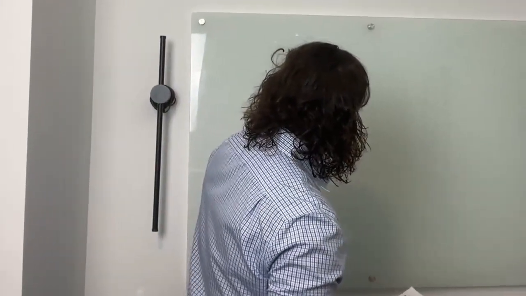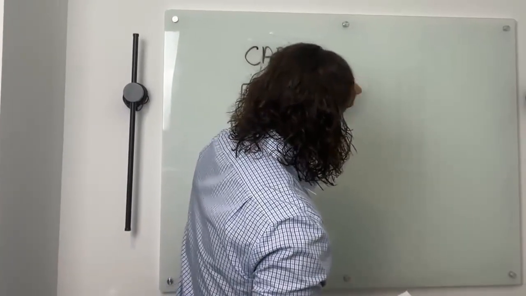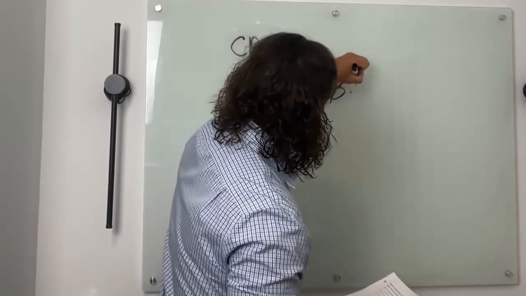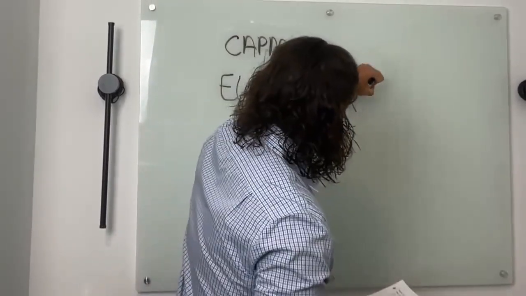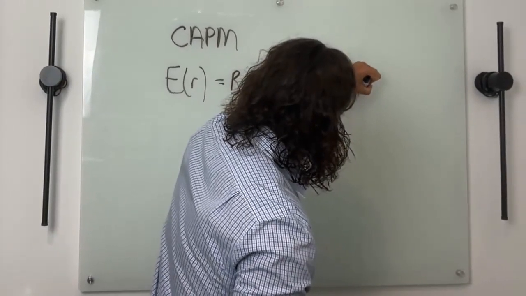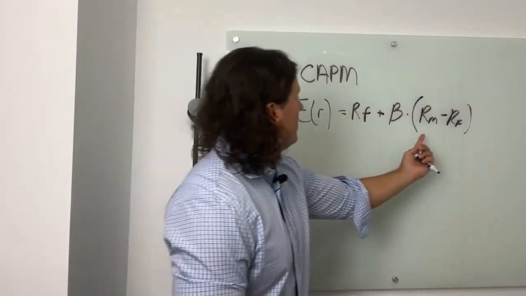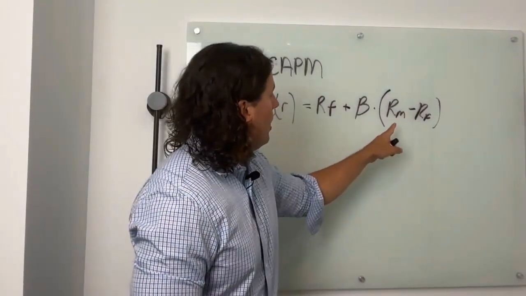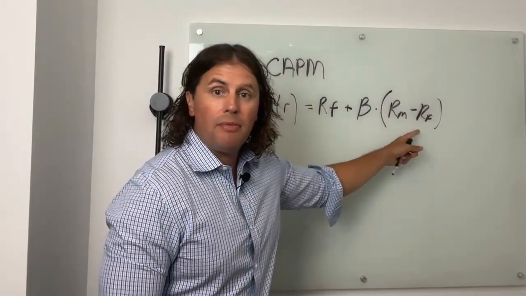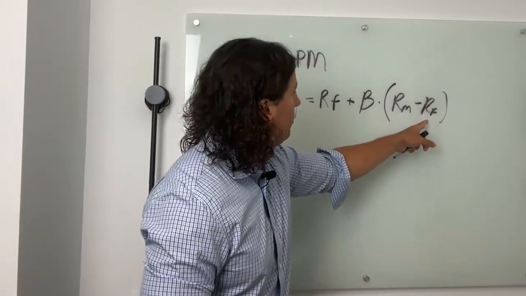It gives us an expected return for a stock or a portfolio, which equals our risk-free rate plus beta times the market risk premium, the return of the market minus our risk-free rate.